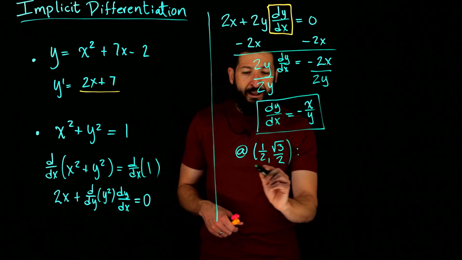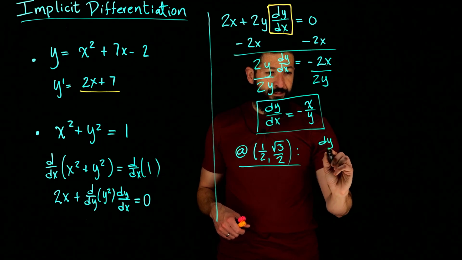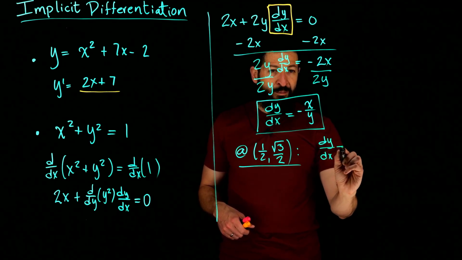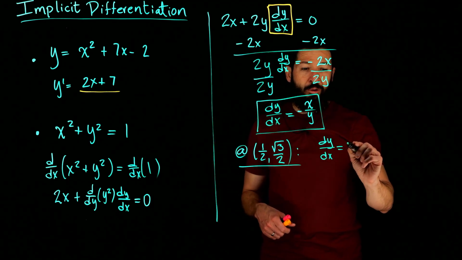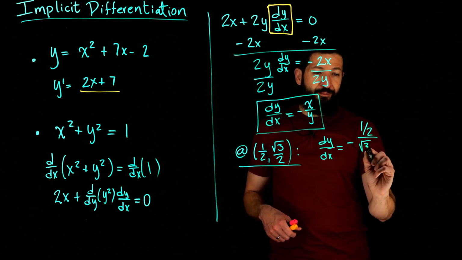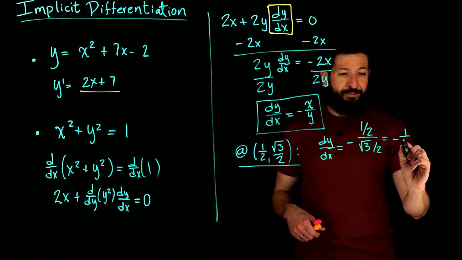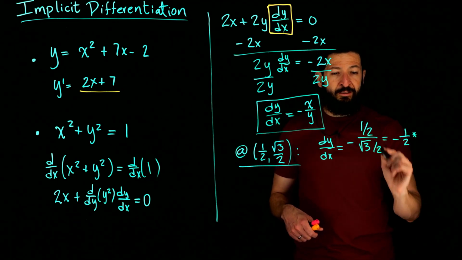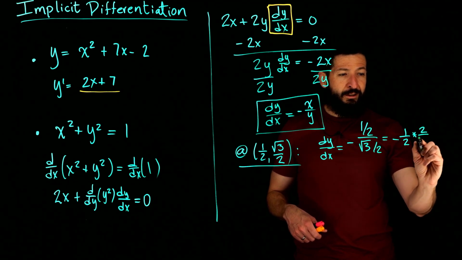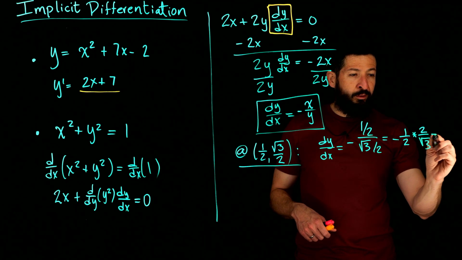Then you get that your derivative happens to be x, which is 1/2, well, negative first, 1/2 over the square root of 3 over 2, which is the same as negative 1/2 times the reciprocal of the square root of 3 over 2, which is 2 over square root of 3, and the 2's cancel, and you get 1 over square root of 3.